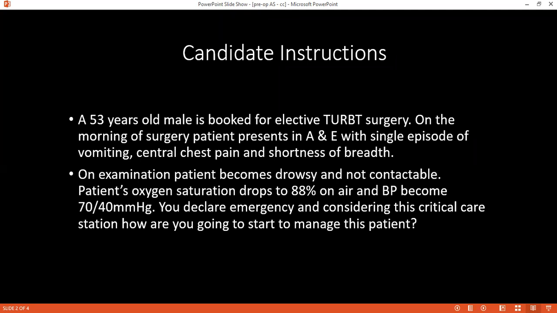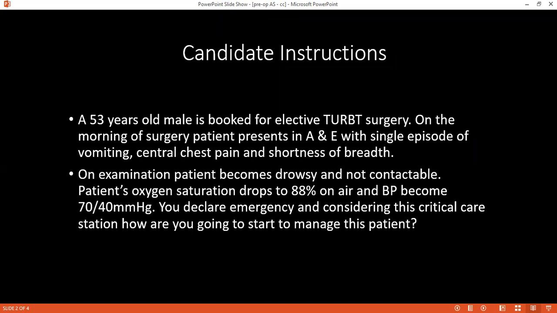Then we'll look at the circulation. The patient's blood pressure is 70 over 40, so I will start giving IV fluid in the form of crystalloid, 2 liters. And if you do the ECG, what do you expect to see?